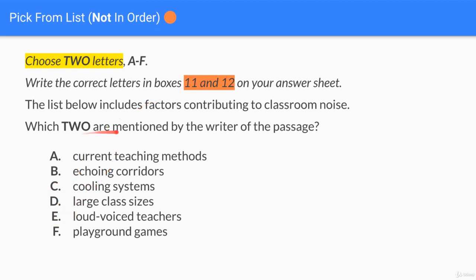We only have 1 question over here, which 2 are mentioned by the writer of the passage, but actually these are 2 questions because we have to write 2 answers for this question. We have to answer question number 11 and question number 12. So for this question, you're going to be choosing 2 answers from this list of multiple choices.